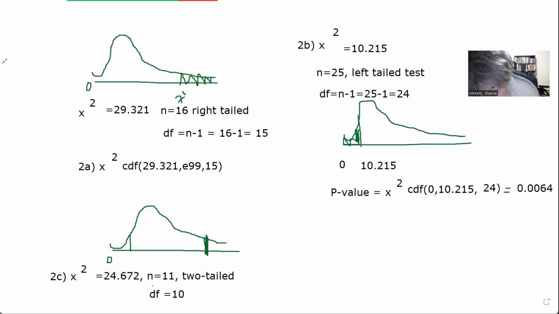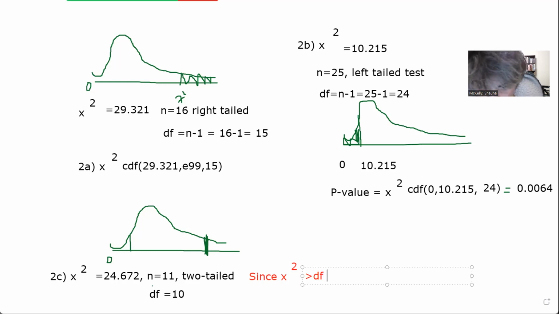I'll write it here on the whiteboard for your convenience. Since chi-squared is greater than DF, greater than the degree of freedom, okay?